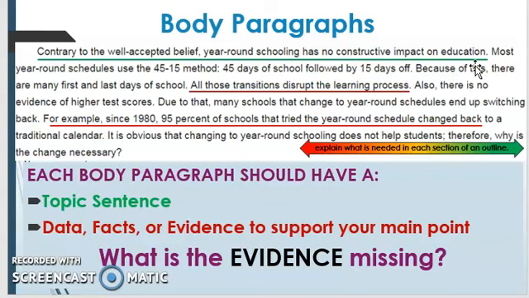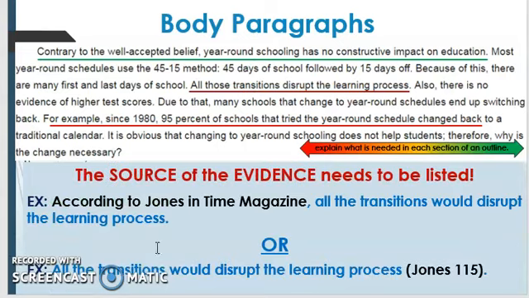It lets us know what focus we're having, which claim we're focusing on for this body paragraph. Then we also have data, facts, and evidence, especially right here. We have, since 1980, 95% of schools. So what is this evidence missing? What do they need? It needs the source of the evidence. So here I have it written in black.